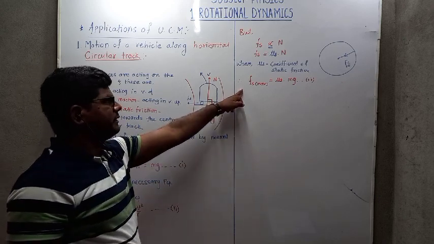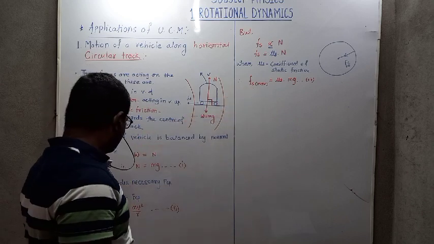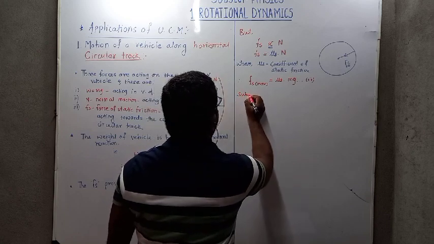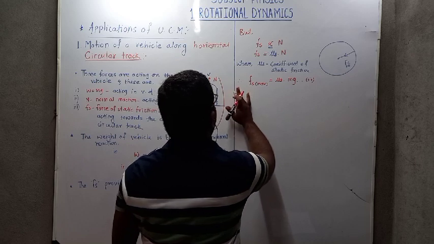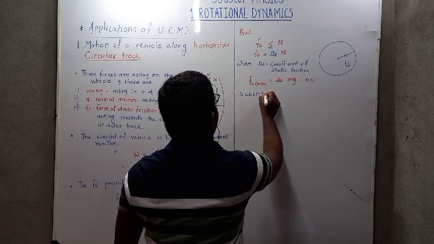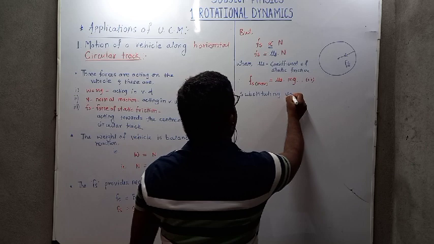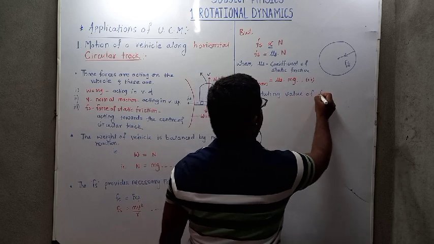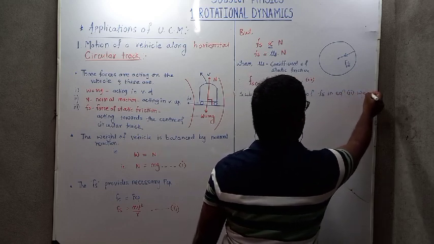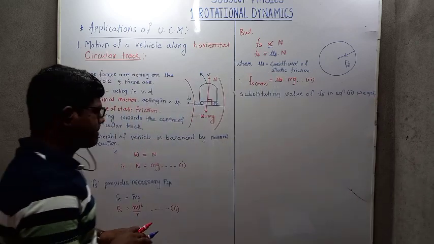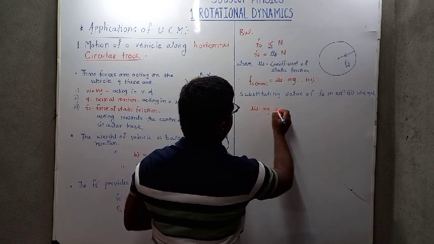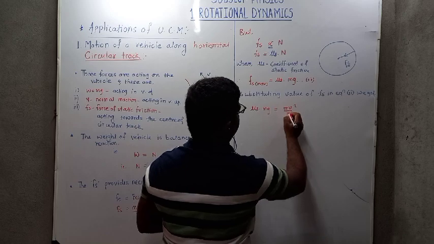Now substitute the value of Fs, which is equal to mu s into mg, in equation 2. Substituting the value of Fs in equation 2, we get mu s into mg is equal to m v square upon r.